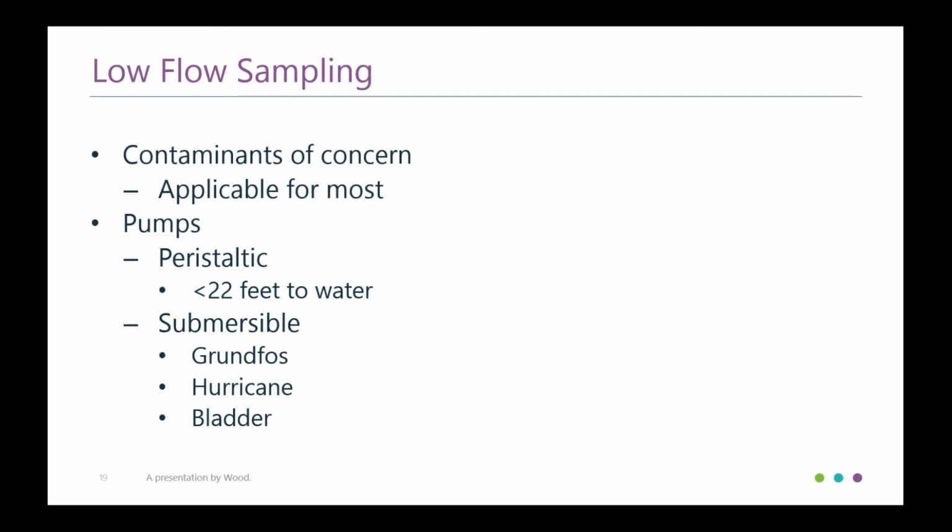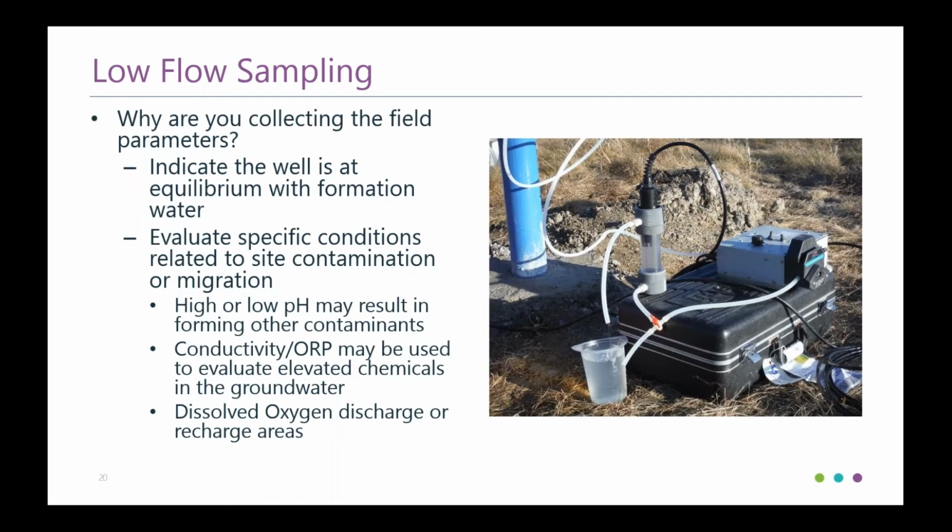So if you're doing VOC sampling, it might not be the best pump for the job that you have to do. So in low flow sampling, and you can see in the picture there, set up with a bypass for the turbidity sampling. So you collect the turbidity sample before it goes into the flow cell. And that's I think the correct way to do the turbidity readings.